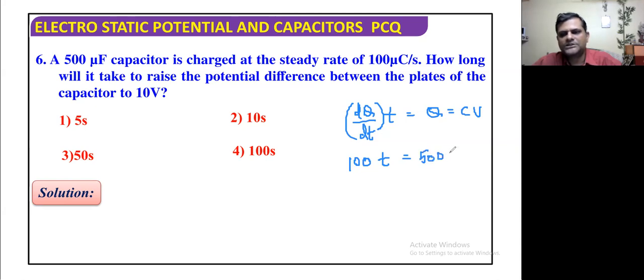So micro will cancel and the potential difference is 10. We want it here. So if we just work this out, T happens to be, this 0 got cancelled, 5 into 10 becomes 50 here. So we get these 50 seconds to be the final answer in this way.